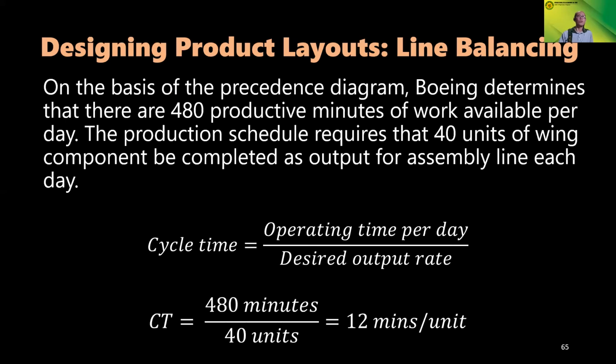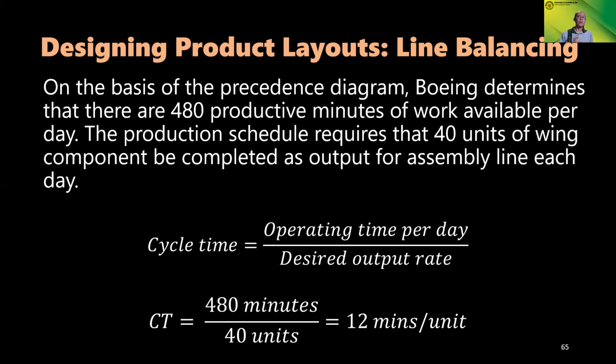Let us apply this concept to the Boeing problem. So, to continue, on the basis of the precedence diagram, Boeing determines that there are 480 productive minutes of work available per day. The production schedule requires that 40 units of wing component be completed as output for the assembly line each day. So it's clear in the Boeing problem that there are 8 hours, which is equal to 480 minutes of work per day, and the required output rate is 40 units of wing component every day.